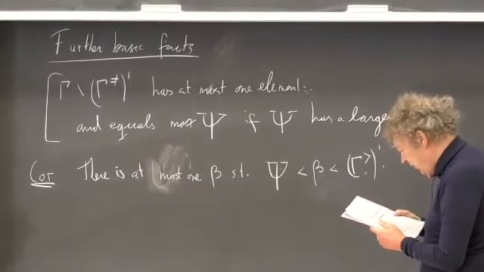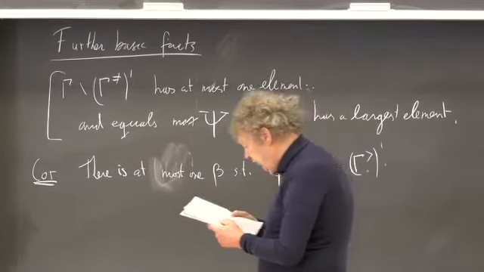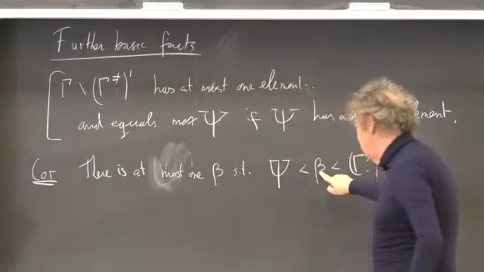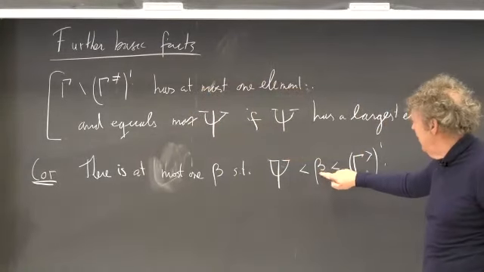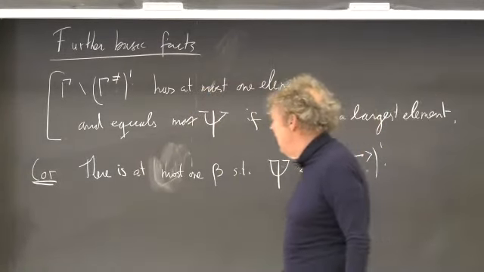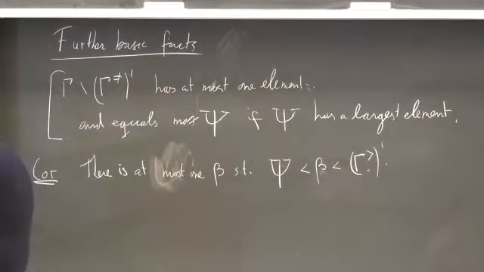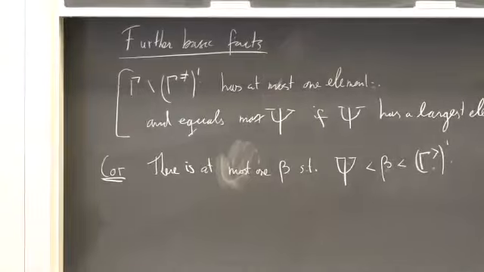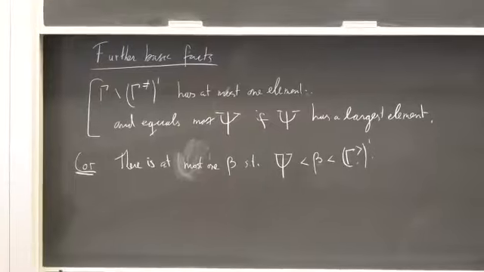Yes. Right. Good. Now, such betas are very interesting. We call them a gap. Yes, Jean-Philippe Rolin: if the set Psi has a largest element, in that case, does there exist such a beta or not? No. Okay.